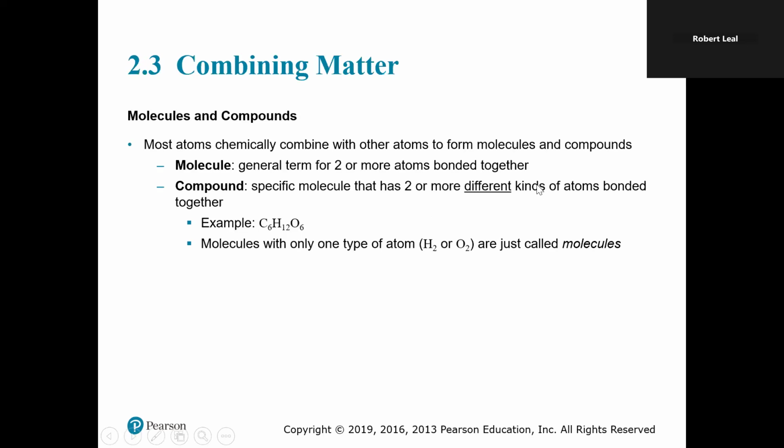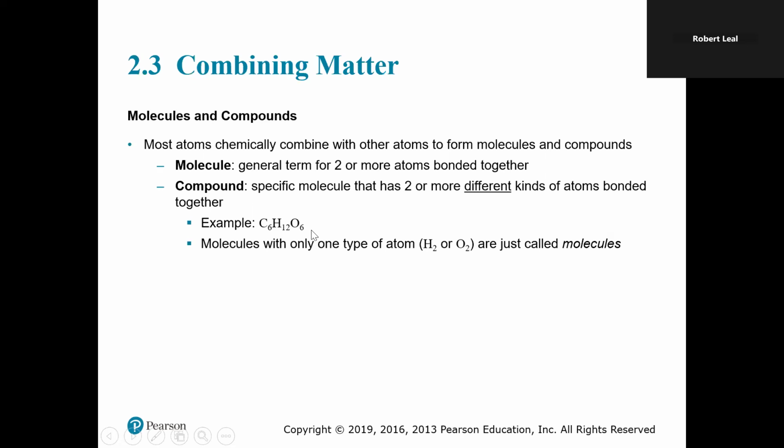Now, elements, when they interact with each other, form either molecules or compounds. Typically, a molecule, you'll have 2 elements interacting with what's called covalent bonds, versus a compound, where you've got two different elements interacting. So let's look at their example. They give us C6H12O6.